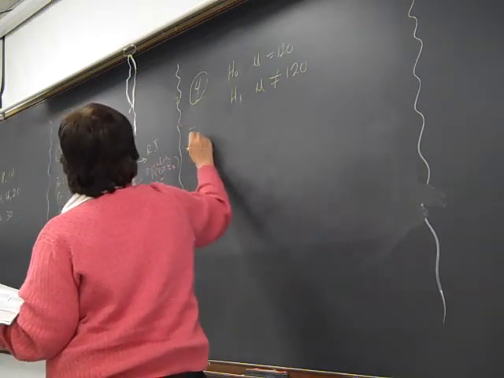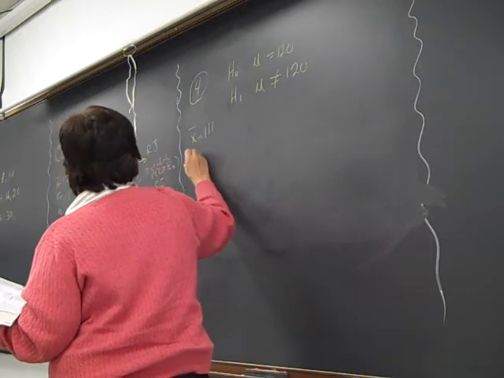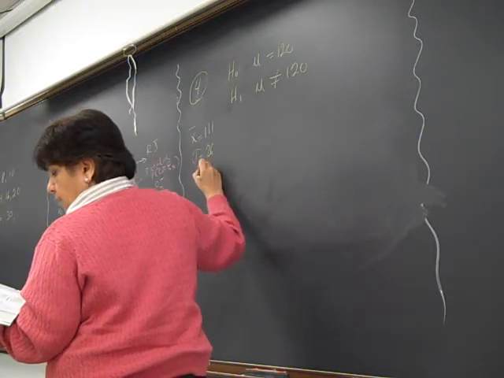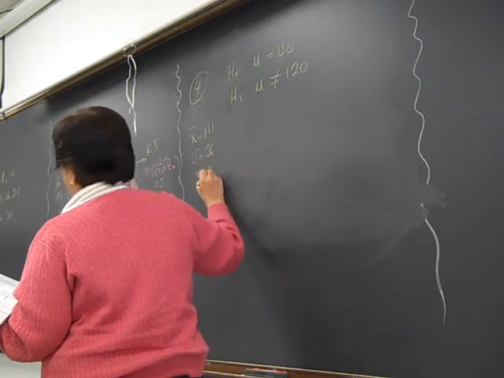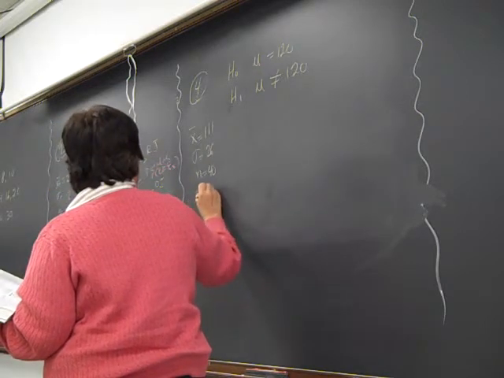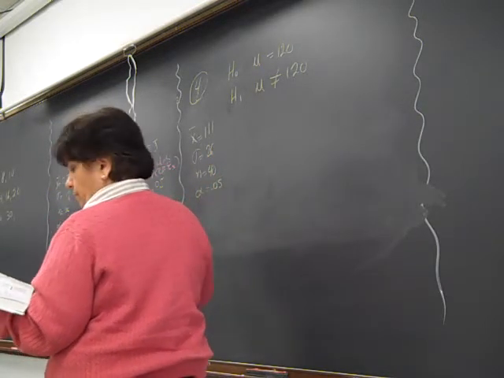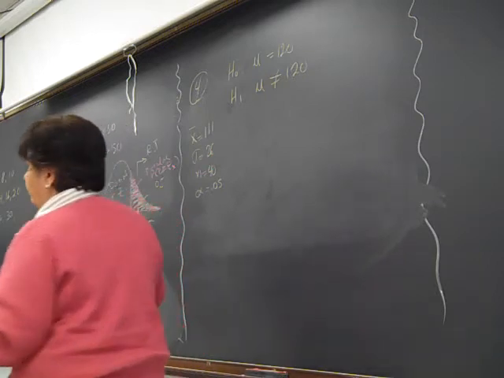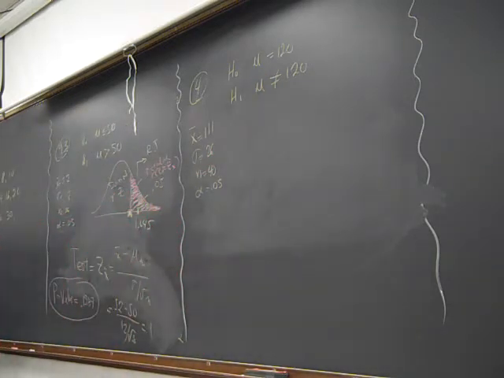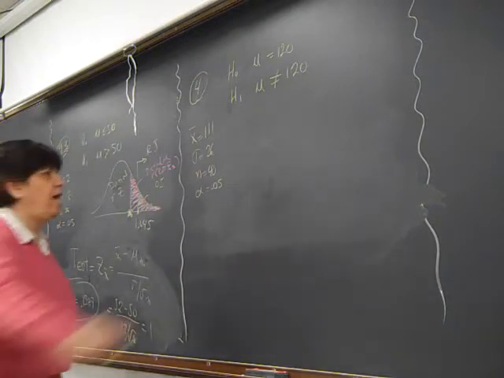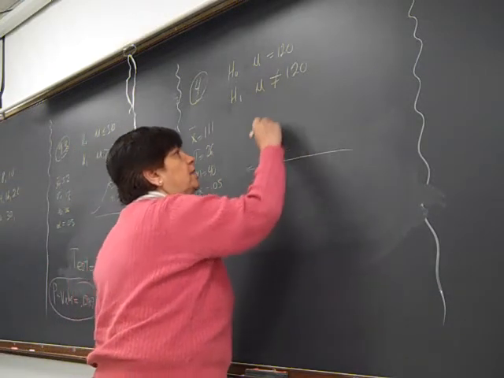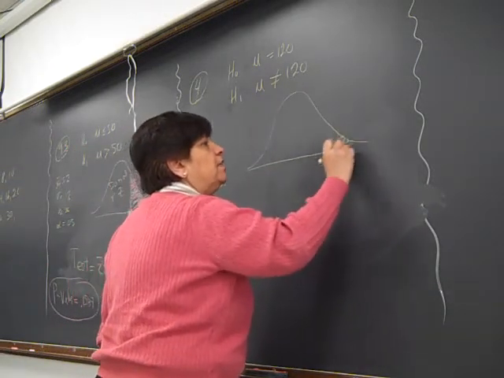We have, of course, x bar equal to 111, sigma 26, n equal to 40, and of course alpha is 0.05. Test that. Again, what type of test is this? One tail or two tails? Two tails, right? Two-tail test.